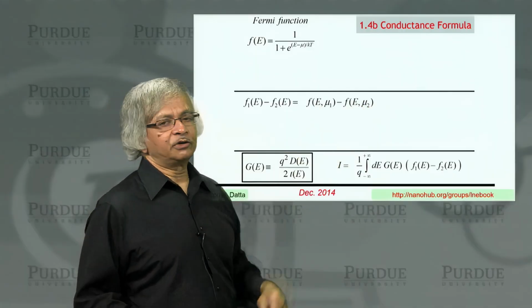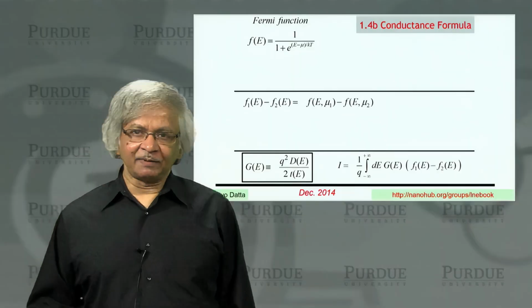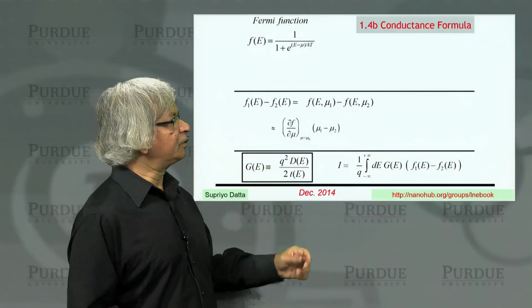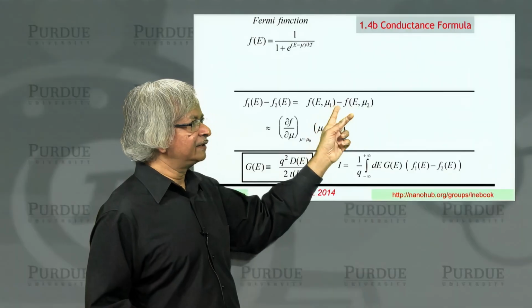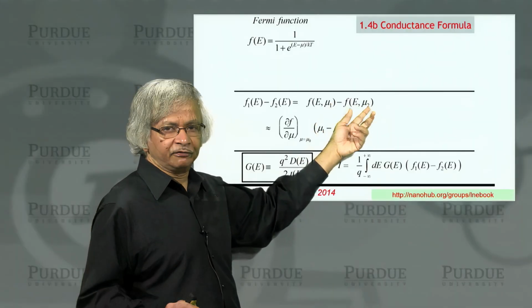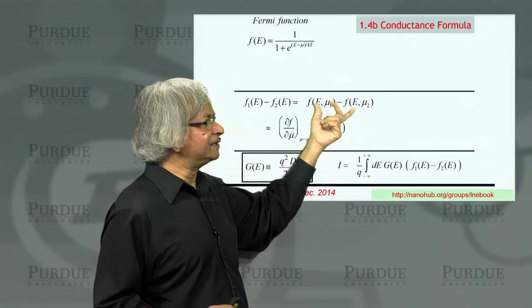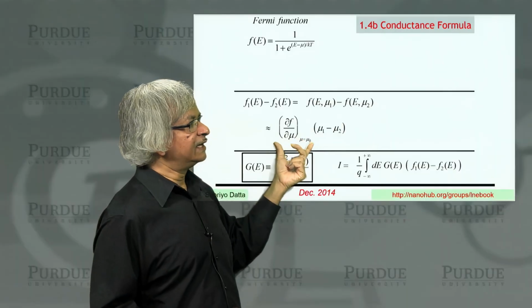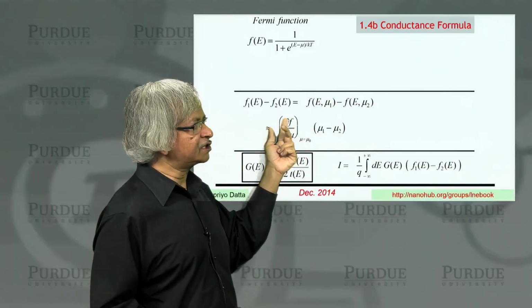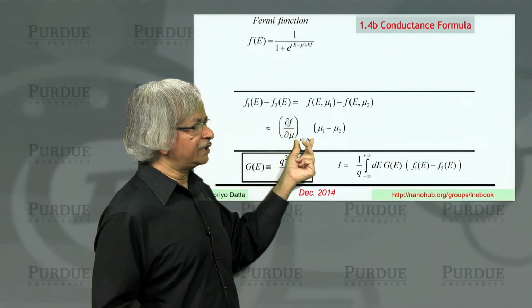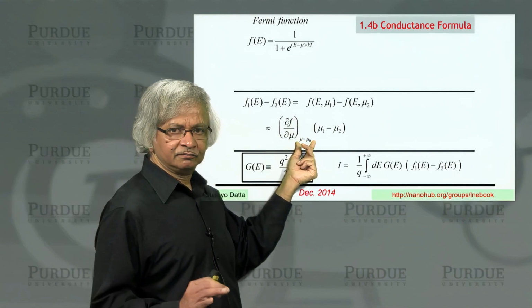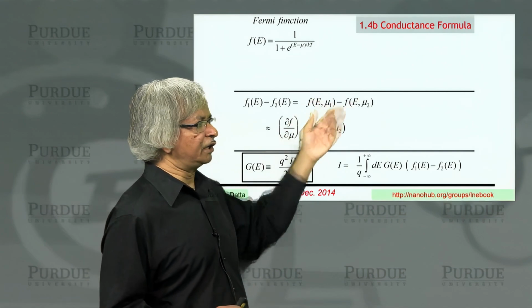Now what you can do is this Taylor expansion. That is, you could write the difference between these two, assuming that mu1 and mu2 are not too different. You can write this difference as the derivative, partial of F with respect to mu, evaluated at the average value. Mu0 is the average of mu1 and mu2.